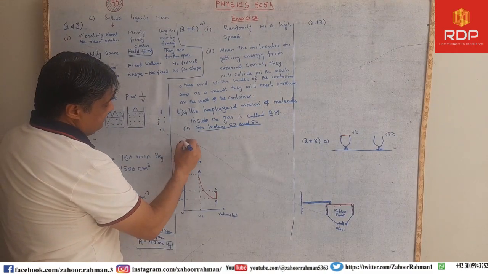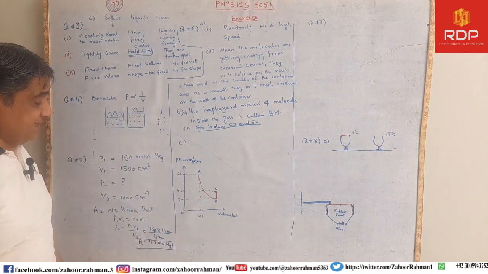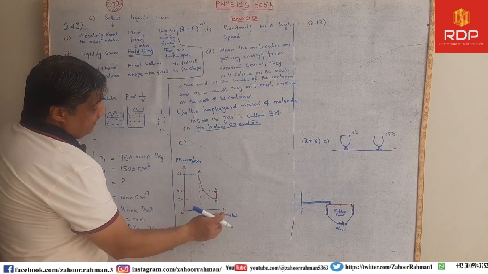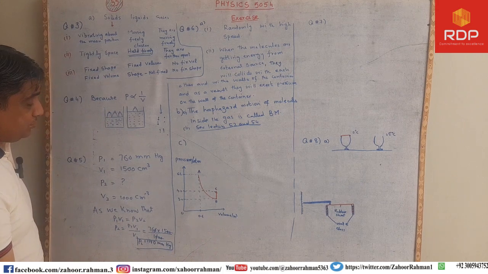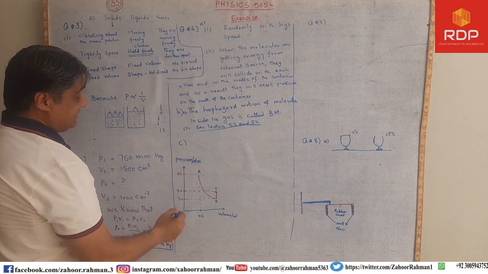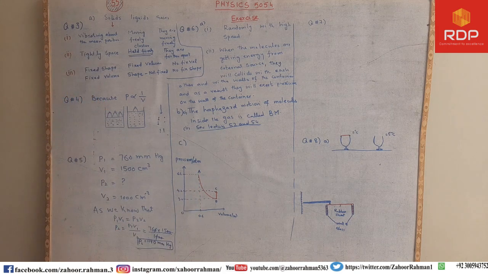Now there is C part, in which they have given us a graph. On the x-axis there is volume in meter cube, and on the y-axis there is pressure in atmospheric pressure.